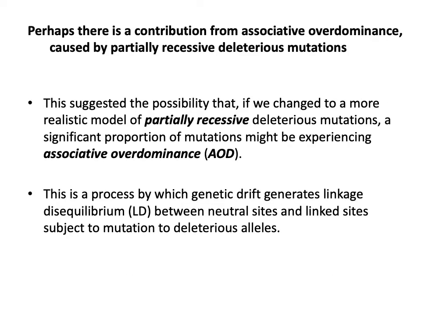This suggested the possibility that if we change to a more realistic model of partially recessive deleterious mutations, a significant proportion of mutations might be experiencing what's called associative overdominance, or AOD. This is a process by which genetic drift generates linkage disequilibrium between neutral sites and linked sites subject to mutation to deleterious alleles.